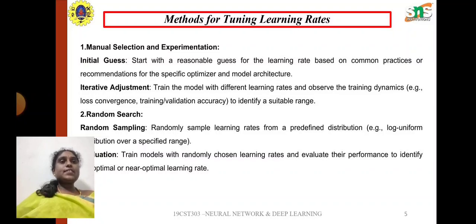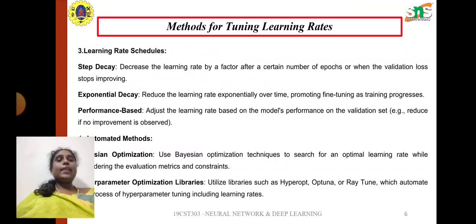The training stability and hyperparameter interactions are added to the learning rate schedules: step decaying, exponential decaying, performance-based, and automated. Finding the right balance between training speed and stability is very crucial in these methods.